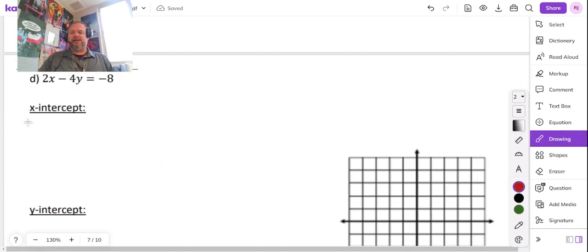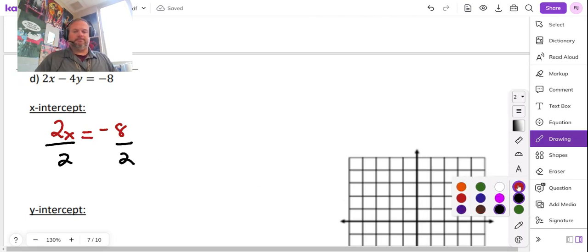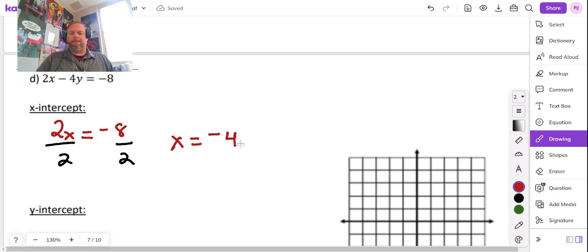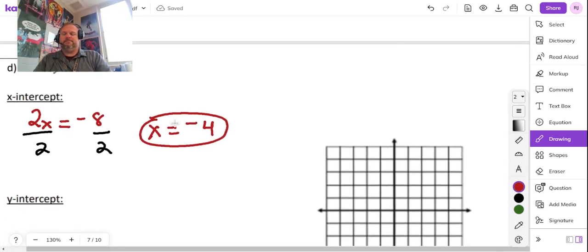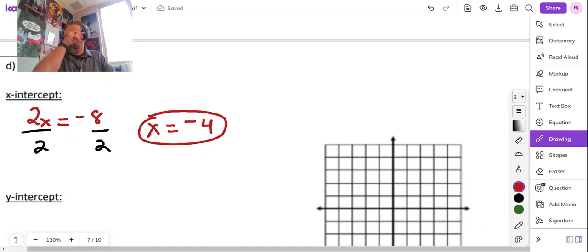So when we set this up, this should be 2x equals -8. We divide. We should know we're going to get a negative and a 4. All right. Remember, negatives go to the left on the x-axis.